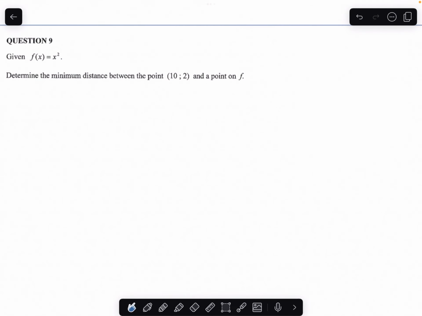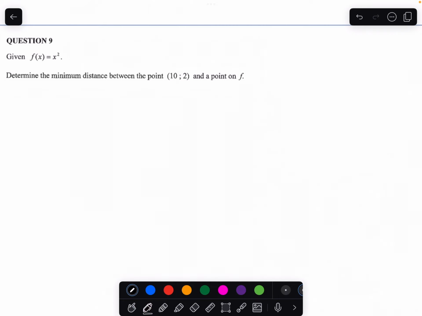I was busy recording another video wherein I caught a glimpse of a question 9.2 in the memo, and I freaked out thinking, oh my goodness, did I record an incomplete video for question 9? Anyway, it turns out that the 9.2, air quotes, is just an alternative way of approaching this question that actually looks so cool.